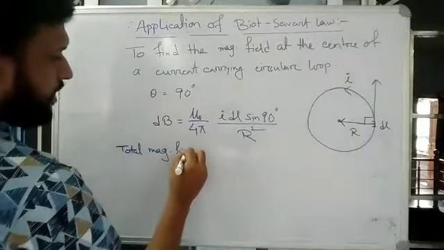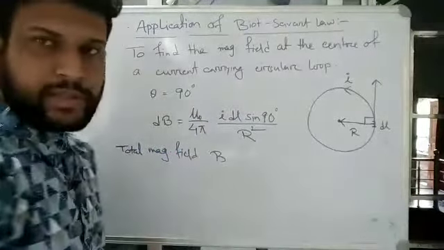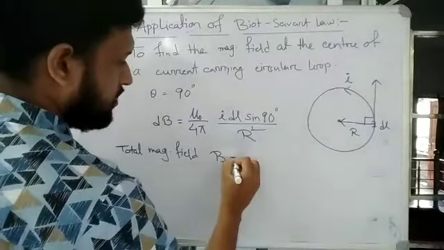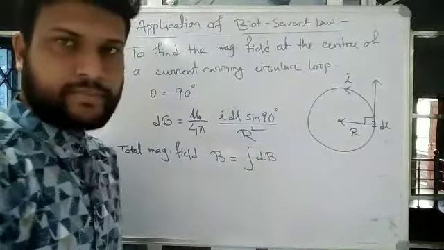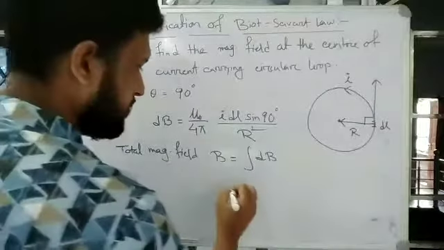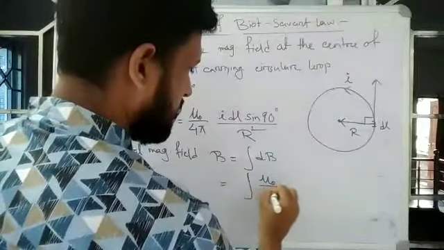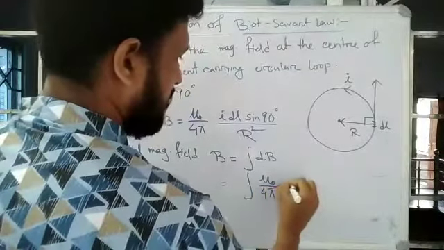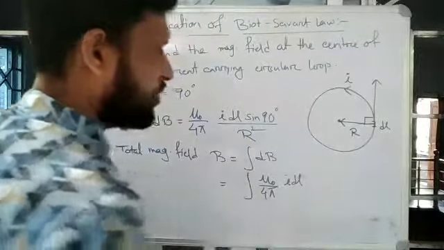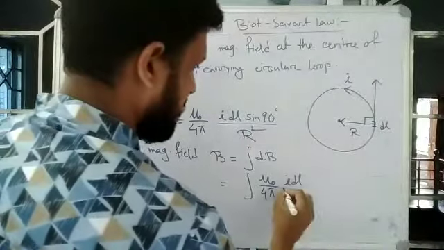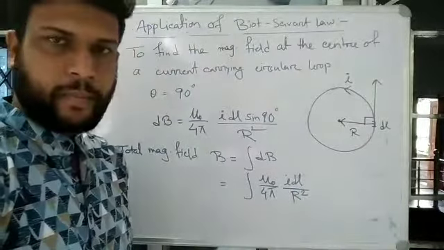The total magnetic field, represented by B, will be the integration of dB. Just put the value of dB over here: mu0 by 4 pi, I dl, sin 90 is 1, so no need to write sin 90 again, by r square.